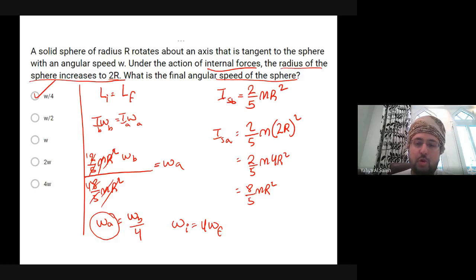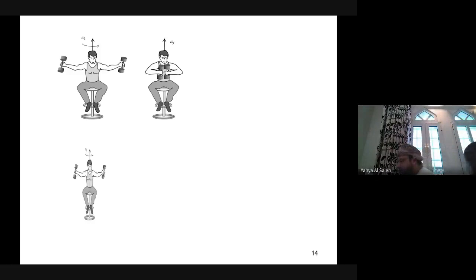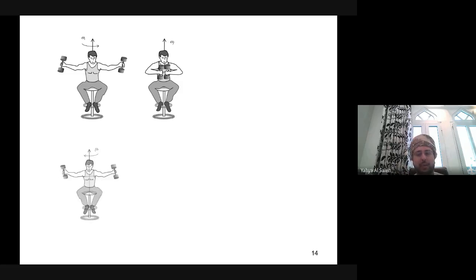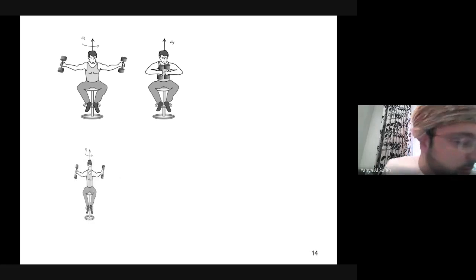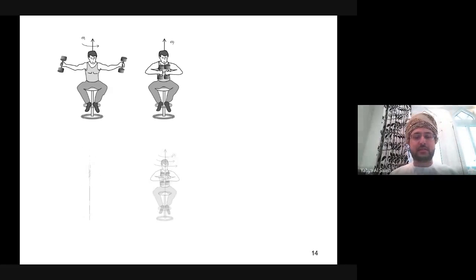Now there's some cool stuff that can be done because of this, and I'll give you an example. We have a guy who's in a gym with 2 dumbbells. Now this guy starts rotating around on his chair. When the 2 dumbbells are held out, he's rotating at some angular velocity omega. Now he doesn't do anything else.